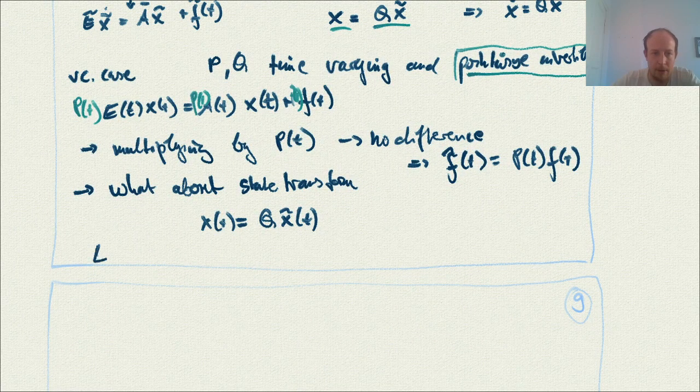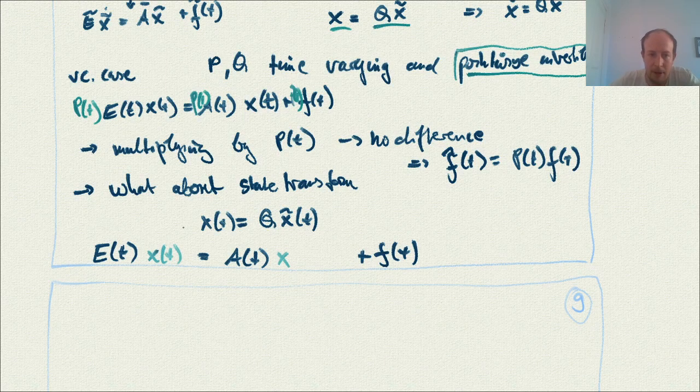So we have e of t x dot of t is a of t x of t plus f of t. That's the actual equation. And now we want to replace this here, x of t by q of t x tilde of t. So how do we do this?